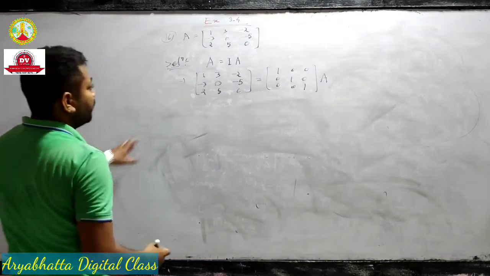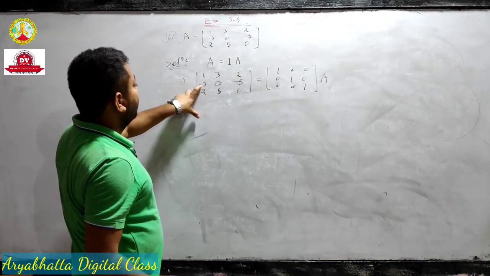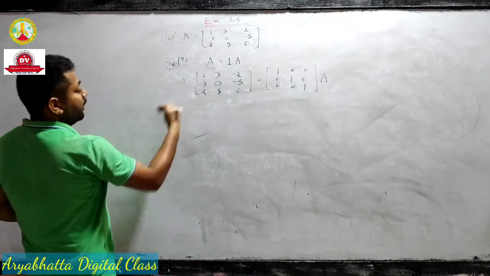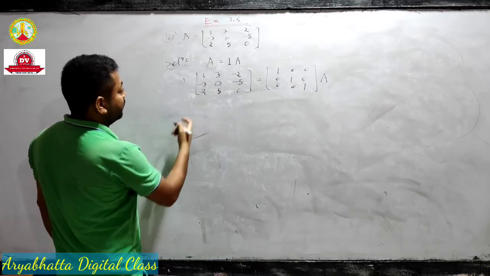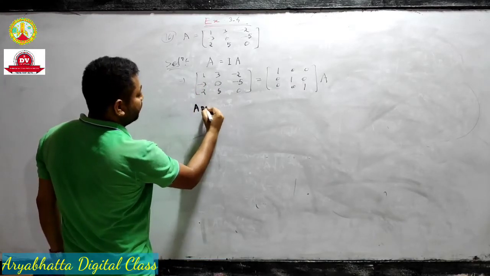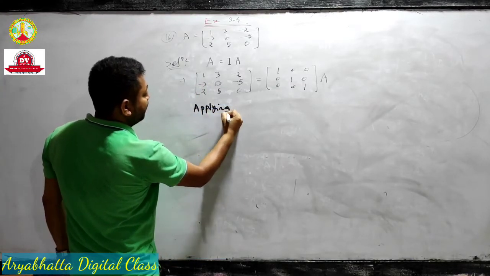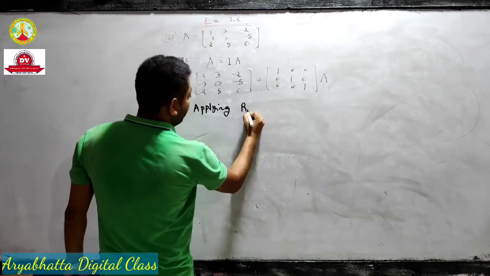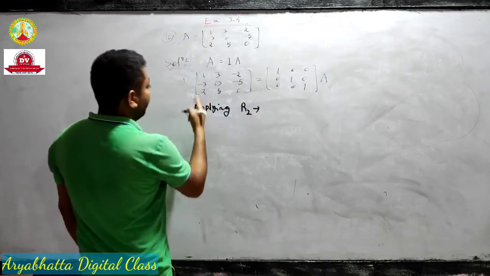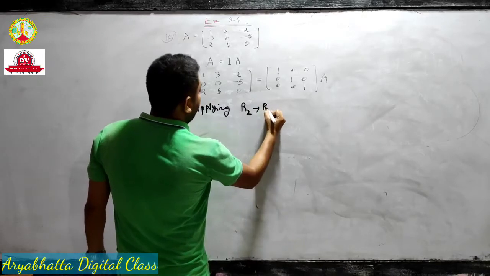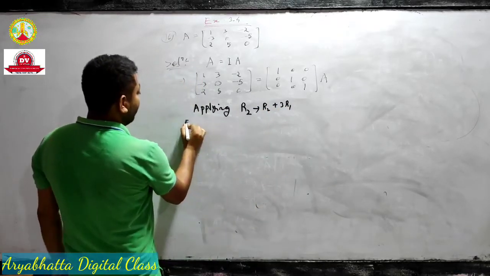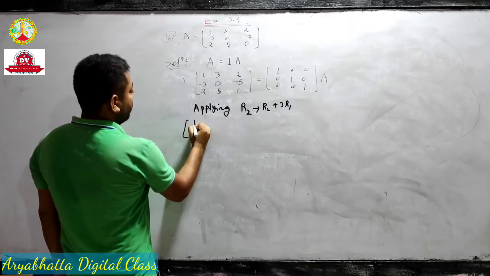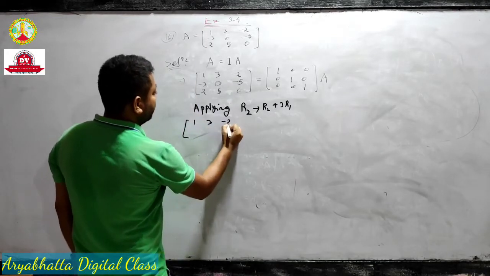Now, these elements have to be equal to 0. Therefore, we apply R2 tends to R2 plus 3 into R1. Then the first row does not change.